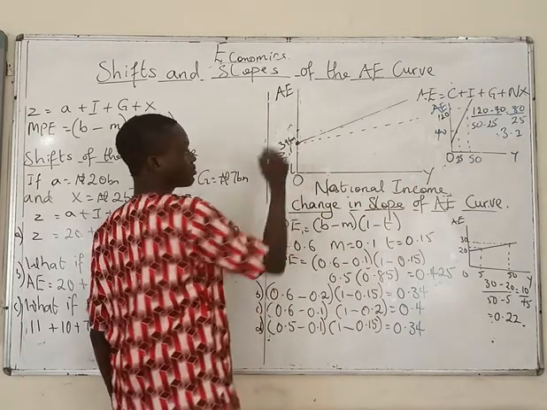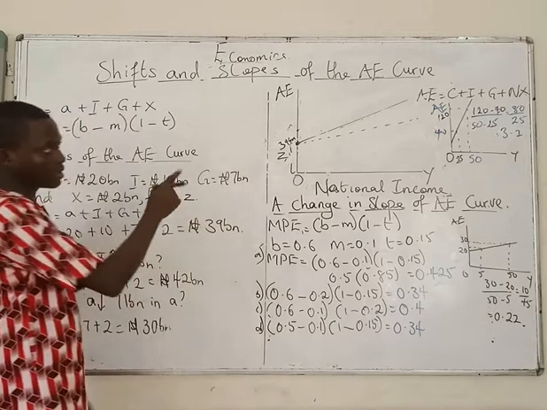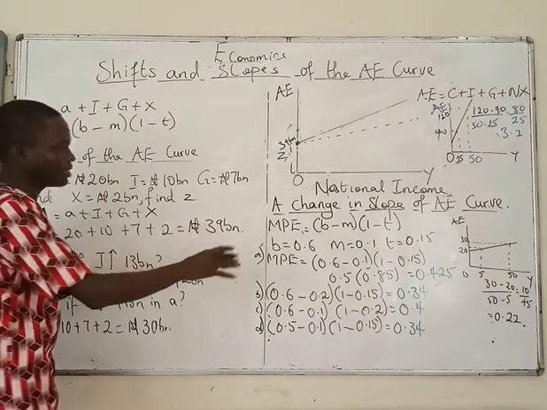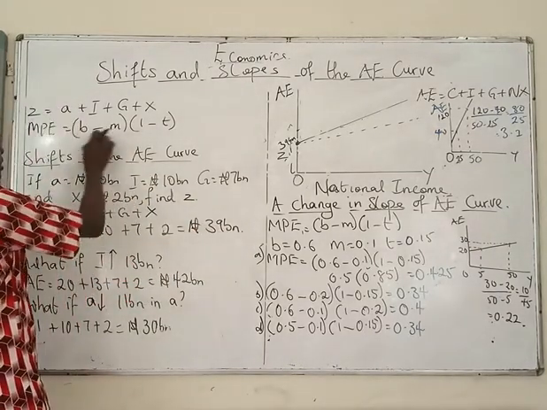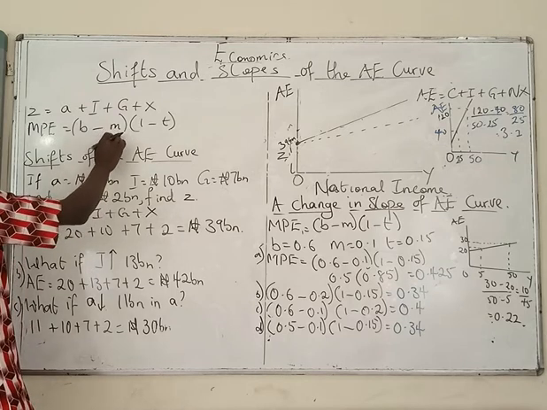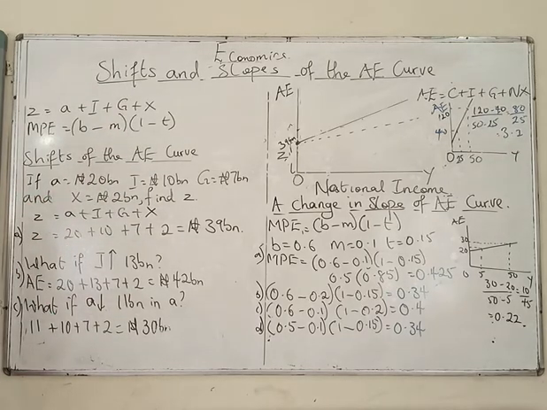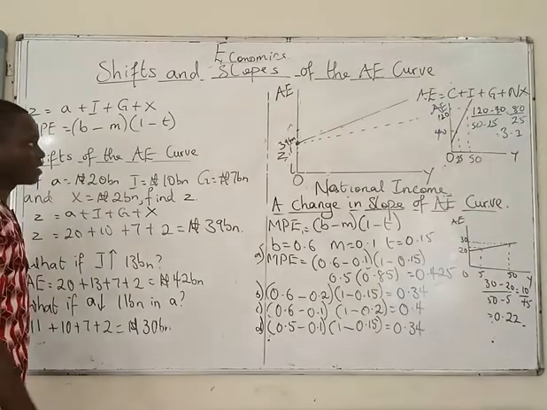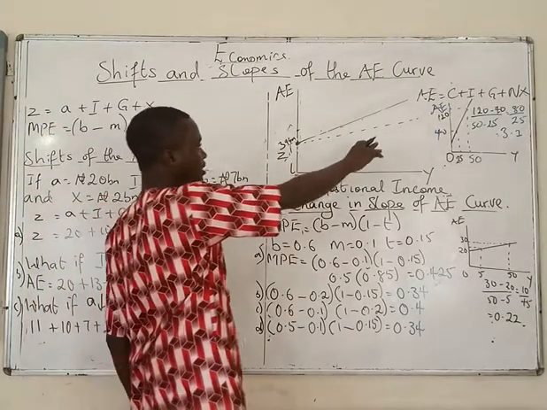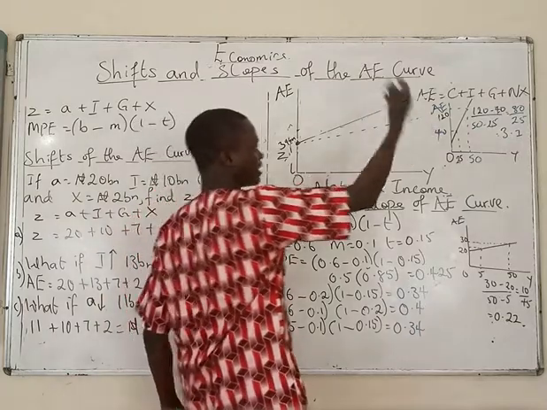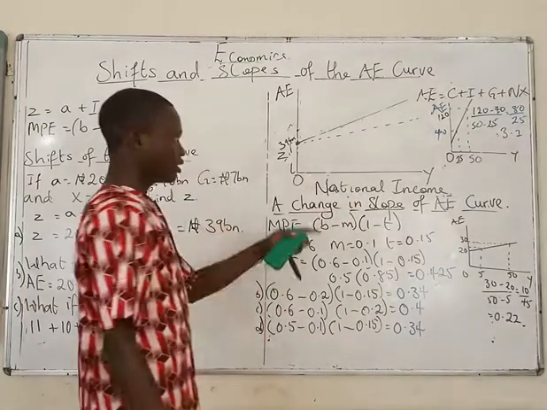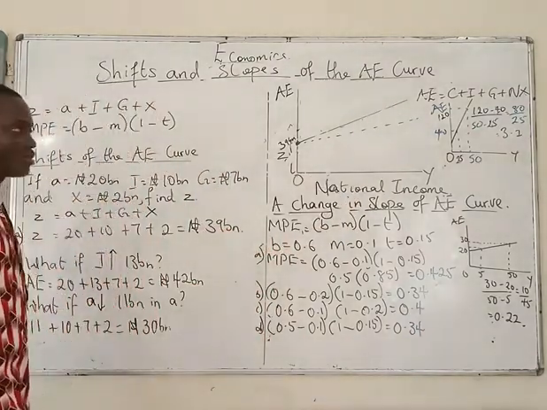This is not changing. This is not changing, okay? Because what is changing here is M. M is what is changing, and M is not part of the autonomous expenditure. So this is what we have now, and AE is going to be C plus I plus G. There's no need to put prime anywhere simply because it wasn't any of them that really made it change.